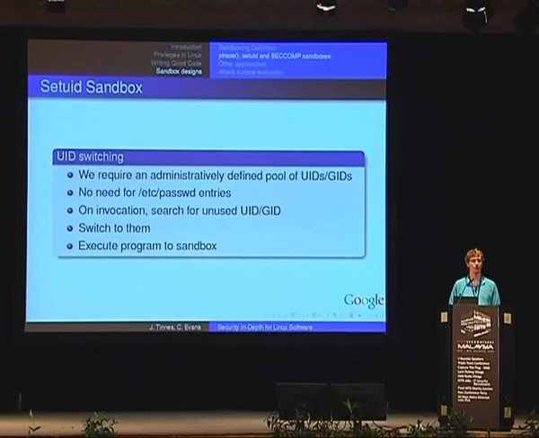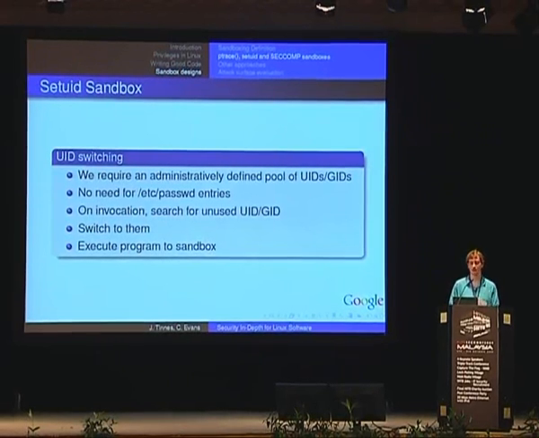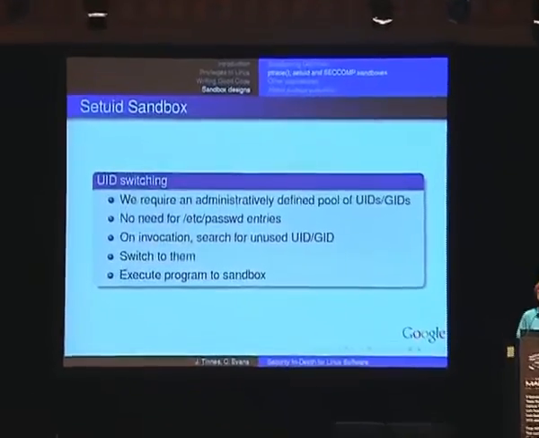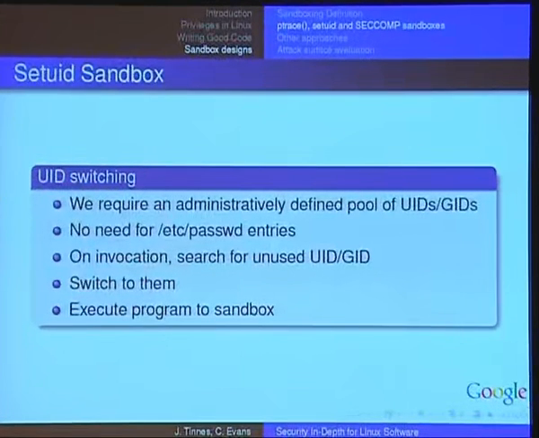So the way we wrote that was we required an administratively defined pool of UIDs, GIDs. So there is no need for /etc/passwd entries. You just need to say, okay, this range from 1 million to 2 million UIDs is reserved for the SetUID sandbox.